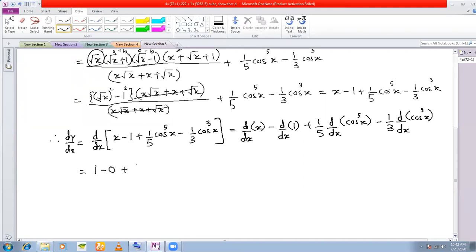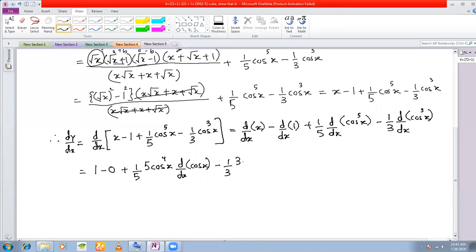And what about 1/5 d/dx cos to the power of 5x? First we differentiate the power to get 5 cos to the power of 4x, then into the differentiation of cos. Right or wrong? Yes, sir.